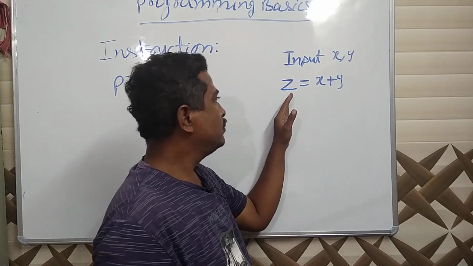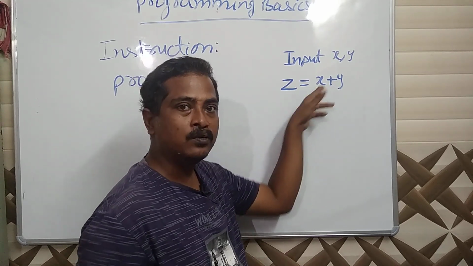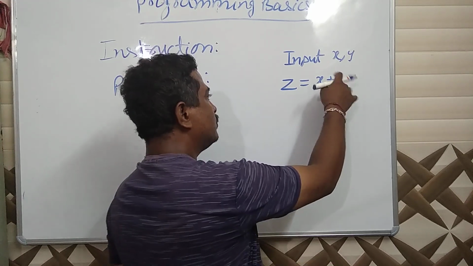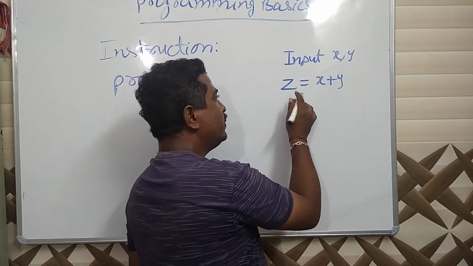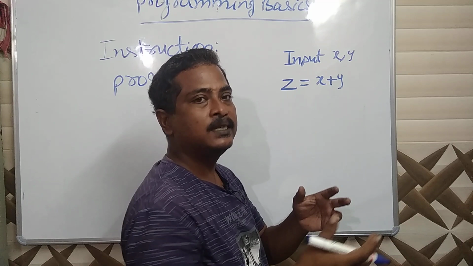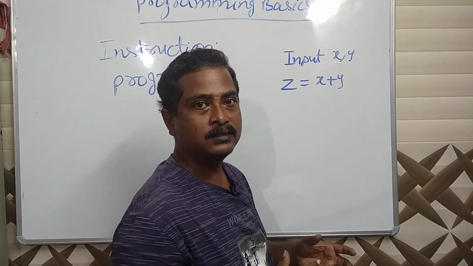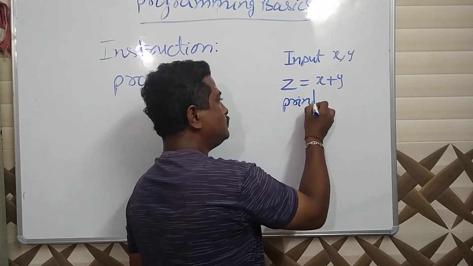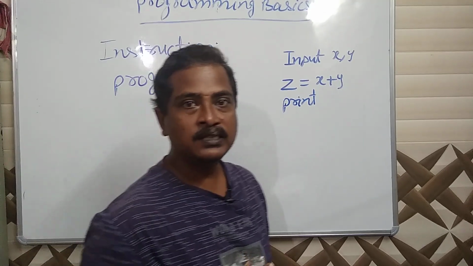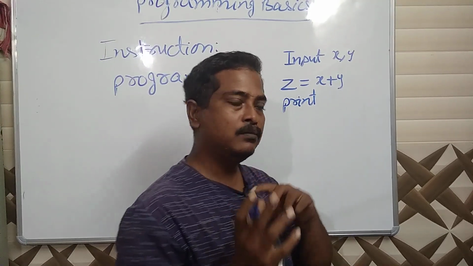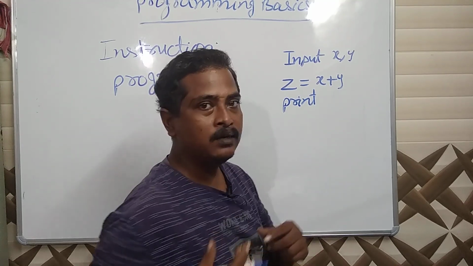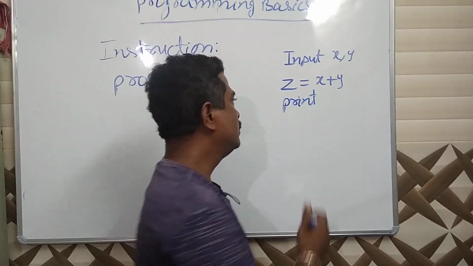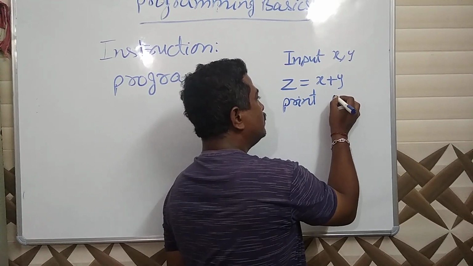Now it is the second instruction where we are calculating the result. After calculating the result, we are displaying that result on the output device. For that, the instruction is print. The standard output device is the monitor, so it will be printed on the monitor. If you want to print on a printer, there is a different instruction. So, print z.